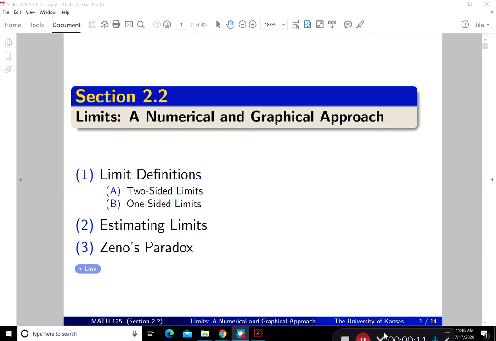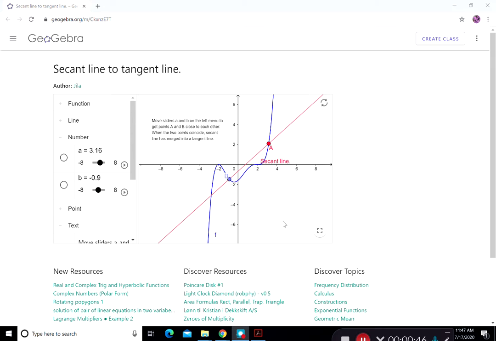We sort of played with the concept of the limit in 2.1, discussing one of the most important reasons that we need it in this course, and that's how it relates the average rate of change to the instantaneous rate of change.